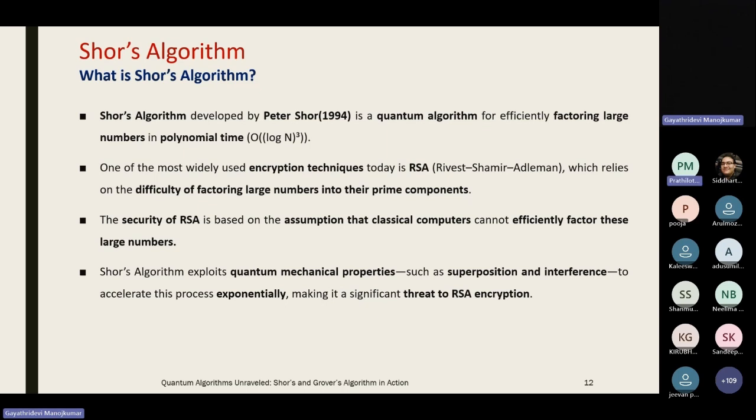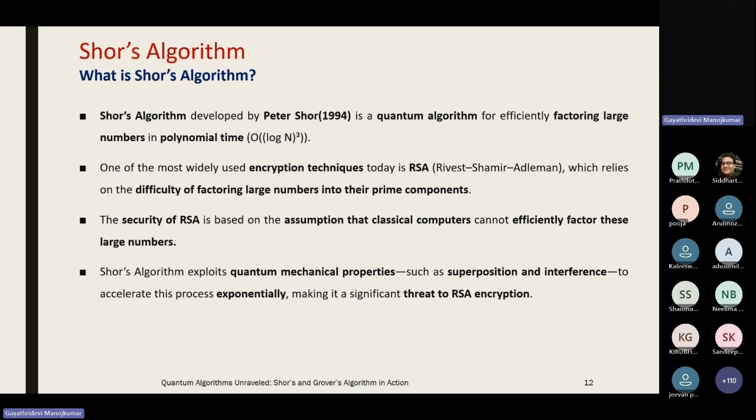Since it was an assumption that till today no classical computer is able to factor such a large number. But when we combine Shor's algorithm with quantum mechanical properties like superposition, interference and entanglement, this encryption can be broken.